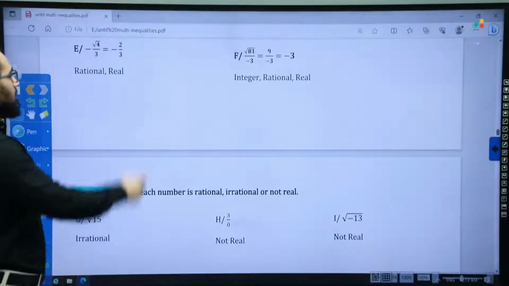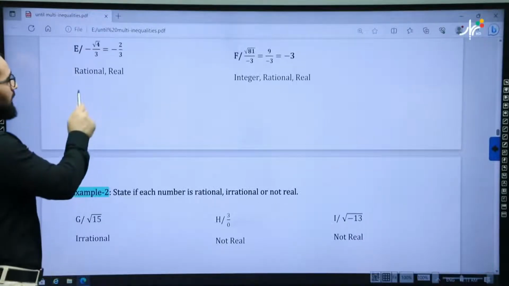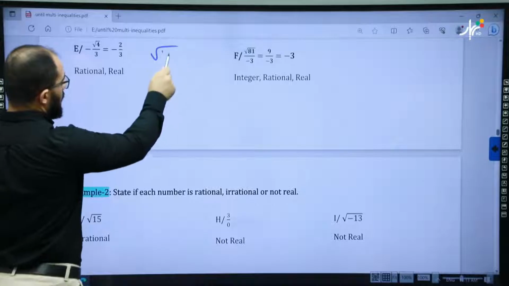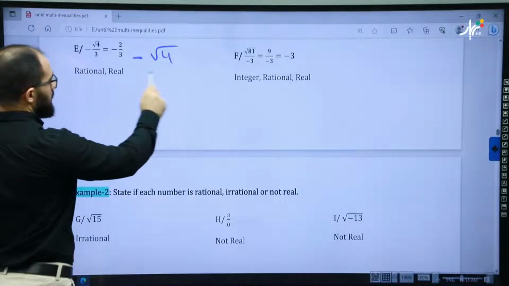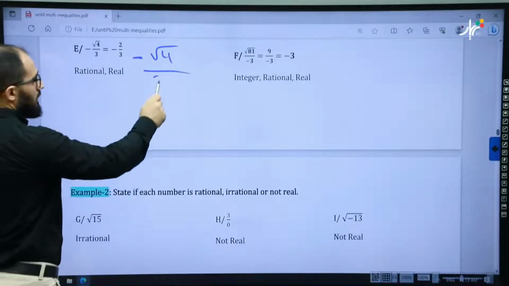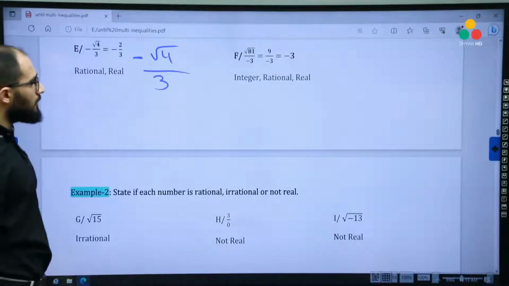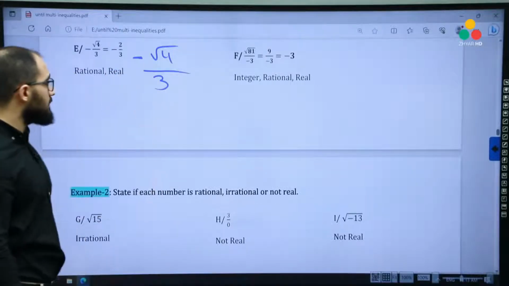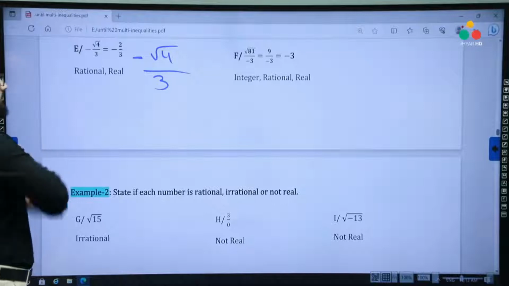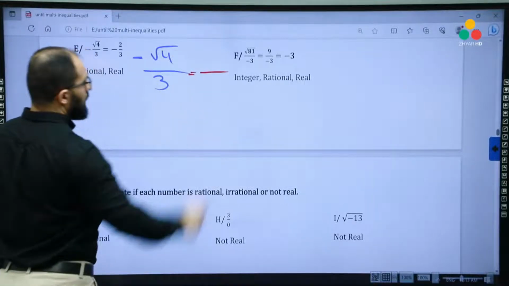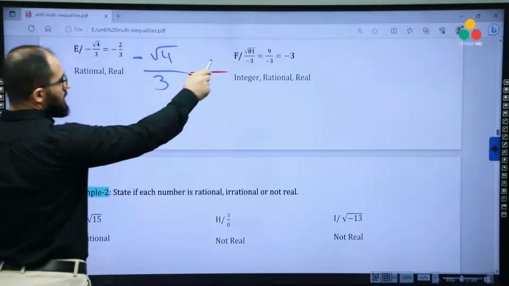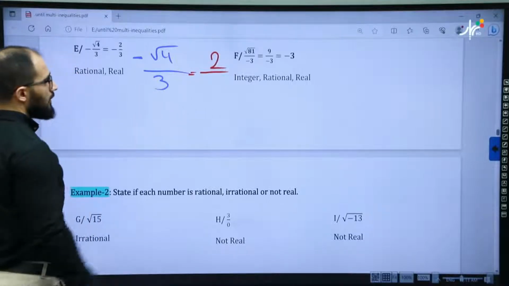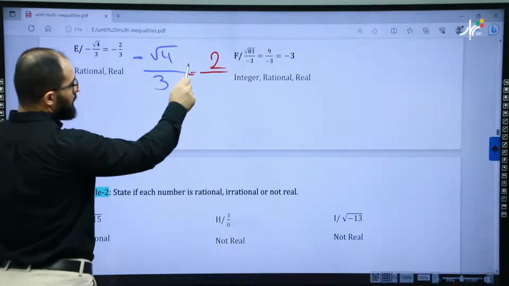Example F, again, it's not simplified. We have the square root of 4 with a negative in front of it, and it's over 3. So we have to simplify it. The square root of 4 is 2, but do not forget that we have a negative in front of it.